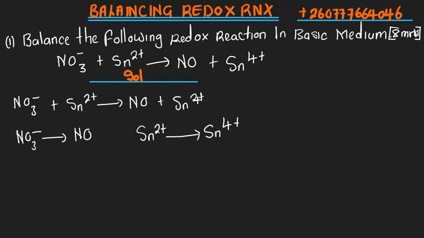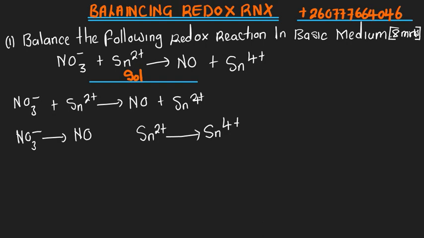We will first of all start with the nitrate. We balance every other element except oxygen and hydrogen. In this case, nitrogen is already balanced. So since nitrogen is already balanced, we can now balance oxygen and hydrogen.